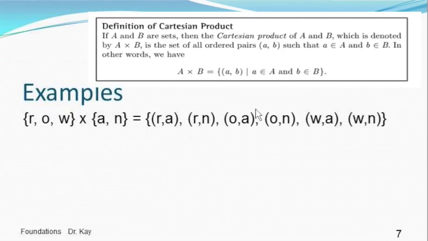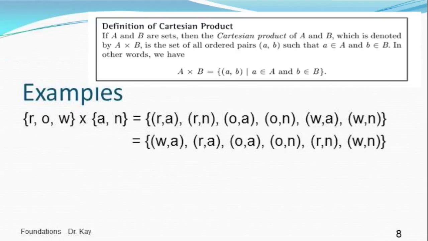But of course, order in here does not matter. So this set is exactly the same as this one, right? I just moved around a couple of the elements. But either way, we have a set with 6 elements, and both of these sets are equal, so therefore this cross product equals both of them.